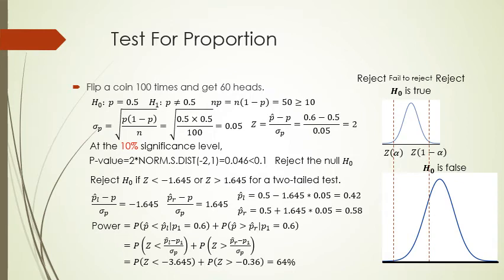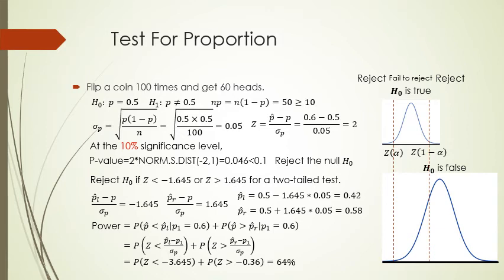The power of the test is the sum of the two conditional probabilities. The graph below shows the distribution when the null hypothesis is false and the estimated population proportion is 0.6 instead of 0.5.